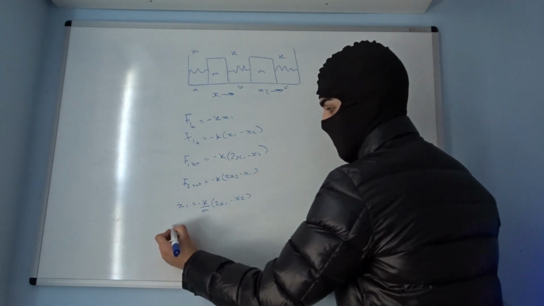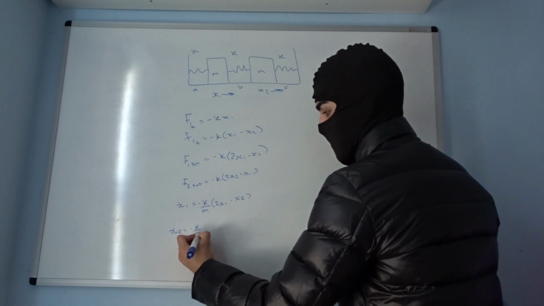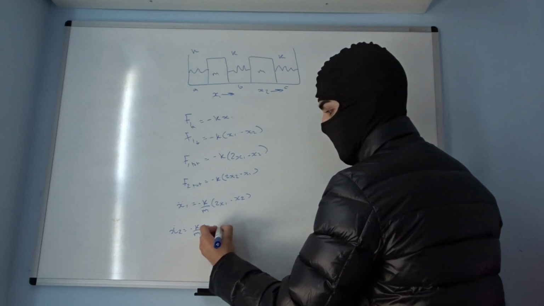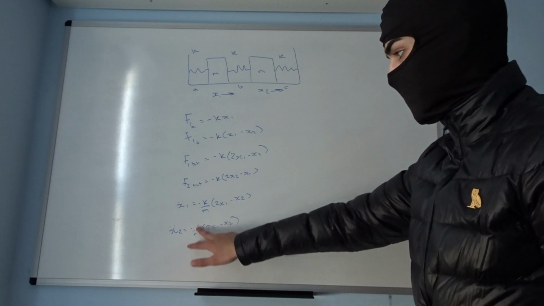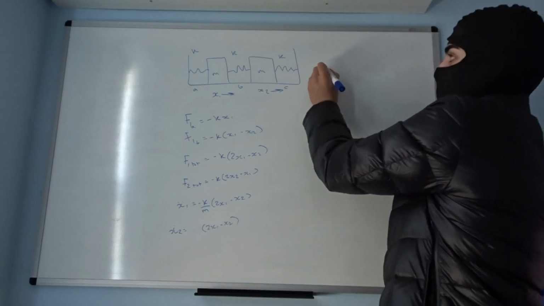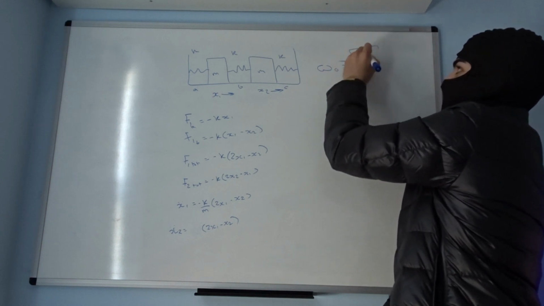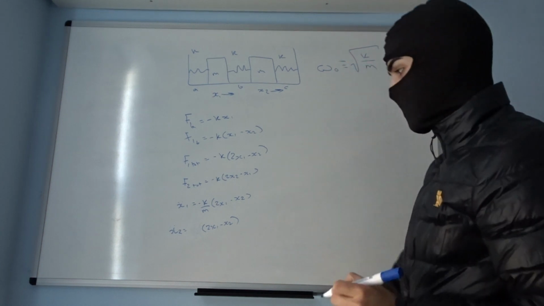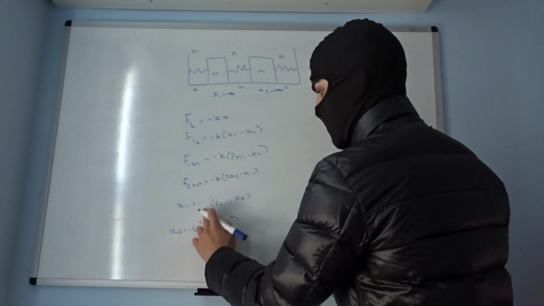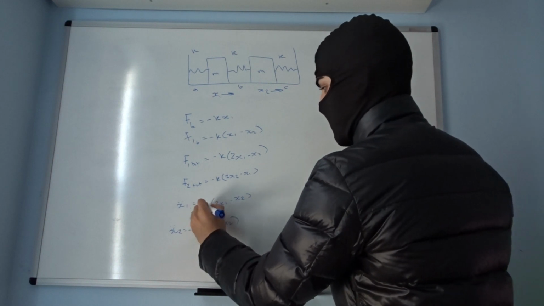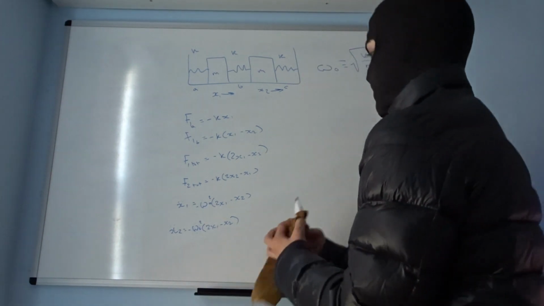For x2 double dot, minus k over m (2x2 minus x1). Cool. I'm going to rewrite this k over m. Recall from last video, omega naught squared is defined as k over m. So let's do that: minus omega naught squared, minus omega naught squared.